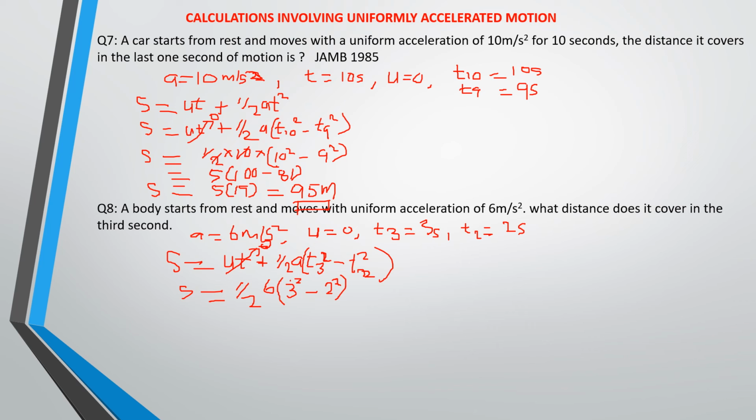Okay, if you work this out, 6 divided by 2 is 3, brackets 9 minus 4. Okay, so that gives you 3 bracket 5. When you multiply that out, you are going to have 15 meters as your final distance traveled by this car.